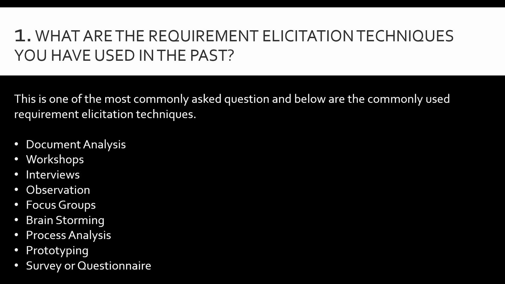We will discuss these techniques in detail in the upcoming questions. Based on your answer, the interviewer will ask deep dive questions on the techniques which you have mentioned that you have used. So make sure you tell the technique which you have used.